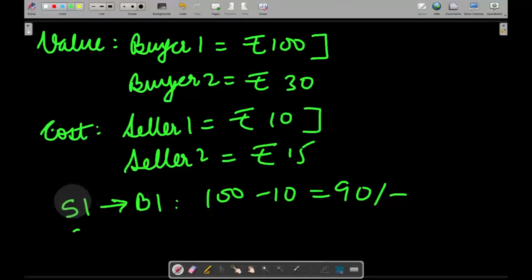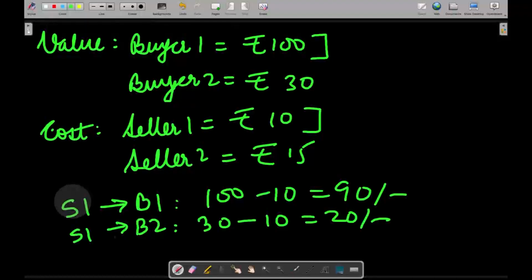But in other cases, if it goes from seller 1 to buyer 2, in that case, the surplus becomes 30 minus 10 is 20 rupees. If the good goes from seller 2 to buyer 1, seller 2 costs 15 rupees to produce.